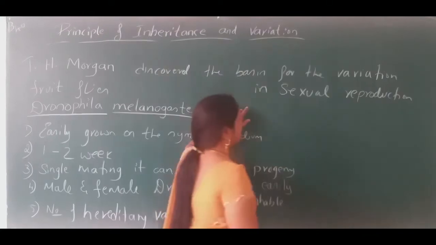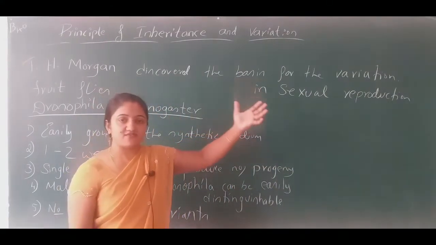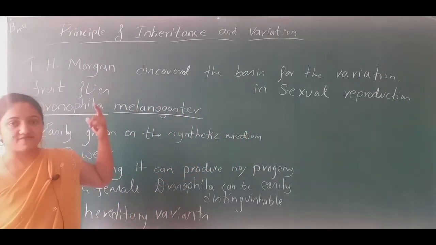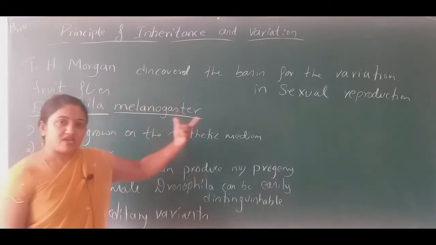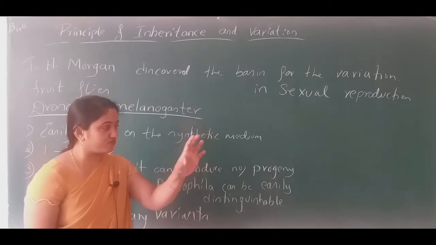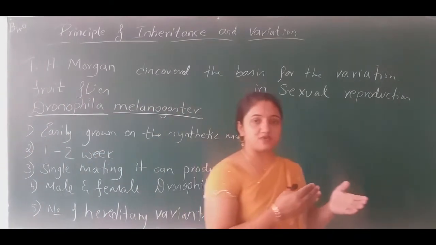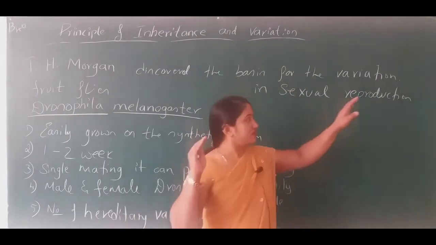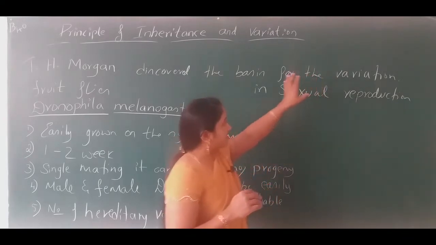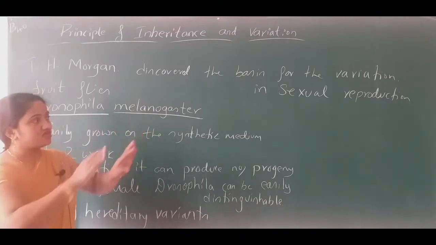Whatever offsprings get reproduced by means of sexual reproduction will have some kind of variations. What is the reason behind it? Why do the offsprings reproduced by sexual reproduction have variation? Something is there, something we are missing, something we didn't learn about variation.